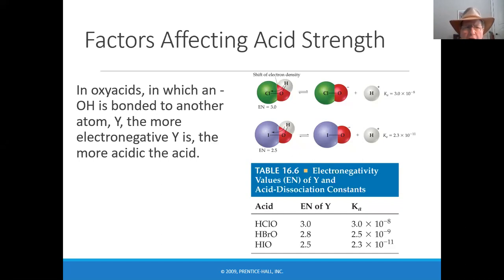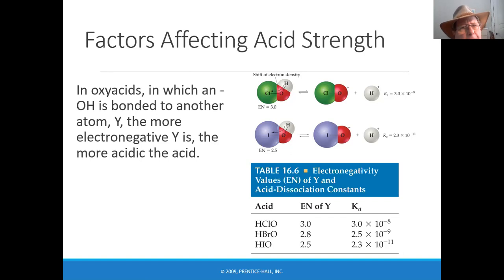On the other hand, if I have an oxyacid, the hydrogen is attached to the oxygen, and that oxygen is attached to another element. When I have an oxyacid, the exact opposite is true. The more electronegative the element that's attached to oxygen, the stronger the acid is.